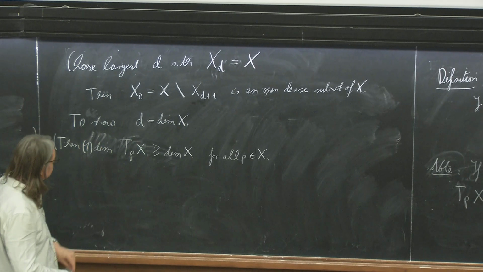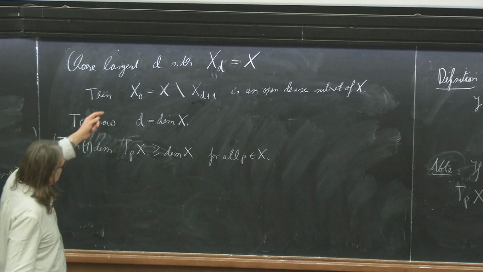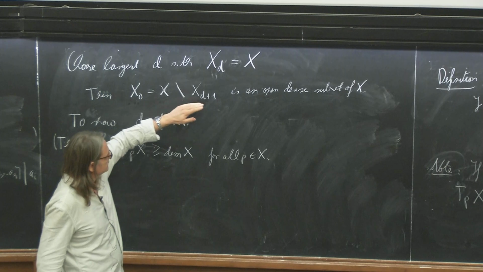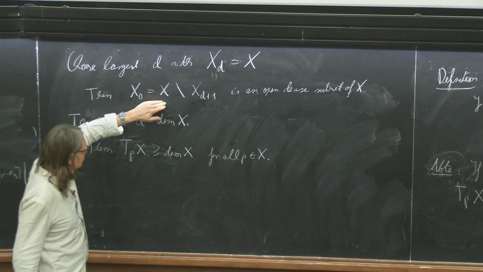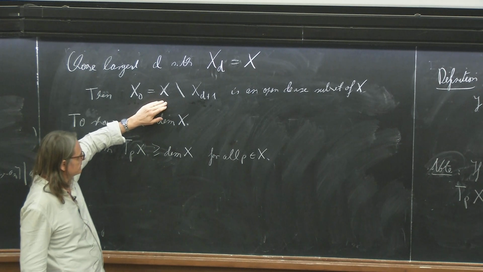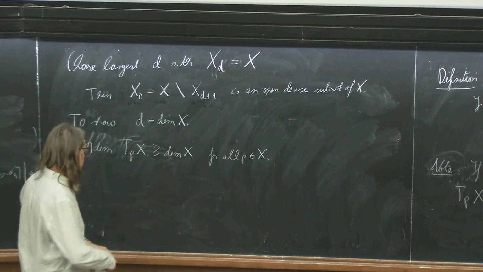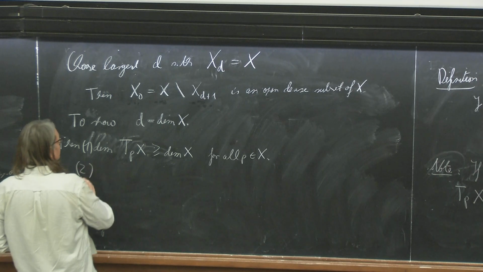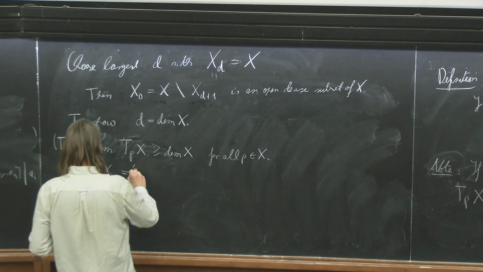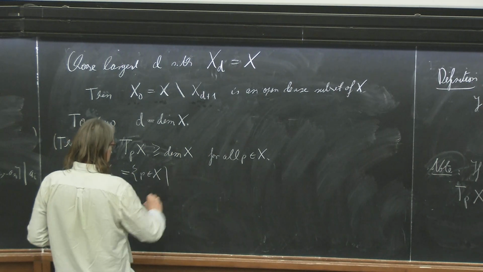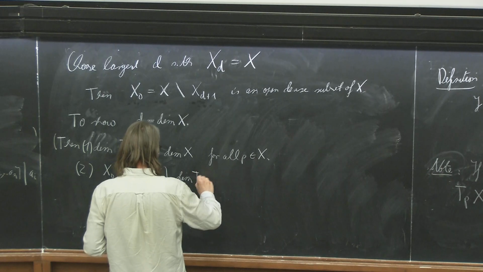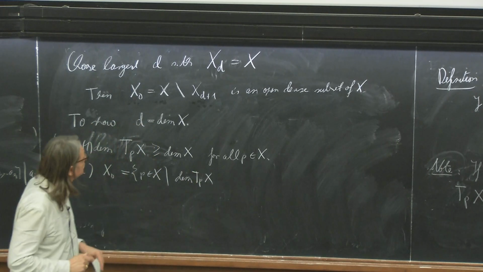And secondly, if we take X_0 equal to X minus X_{d+1}, this is the locus where the dimension of the tangent space is precisely equal to the dimension of X. Second, X_0 is equal to the set of all P in X such that the dimension of T_P X is precisely equal to d.